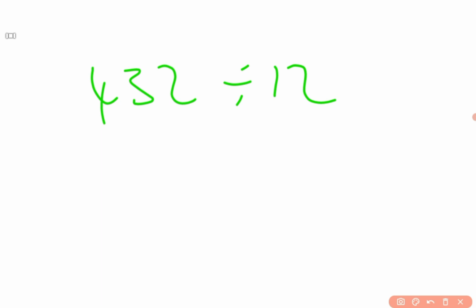All right, so let's then get into the lesson proper, where I'm going to explain everything about long division. Now, let's take that first question like I illustrated. I have taken an example of 432 divided by 12.